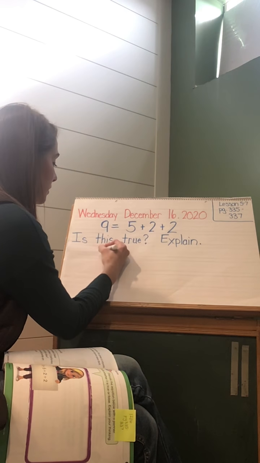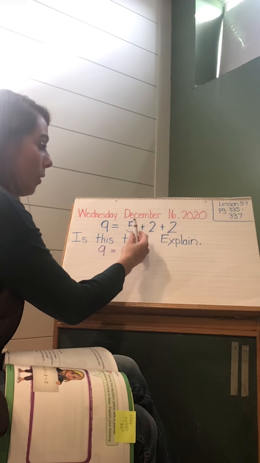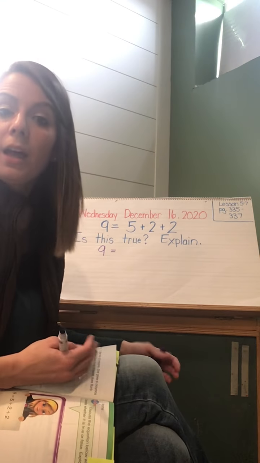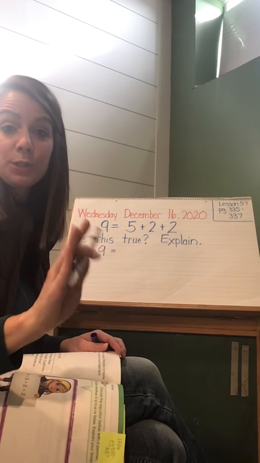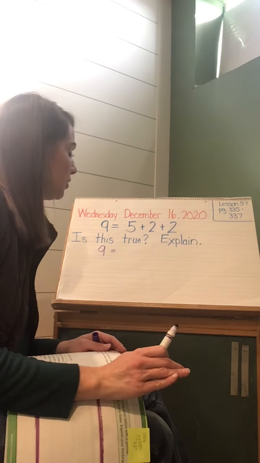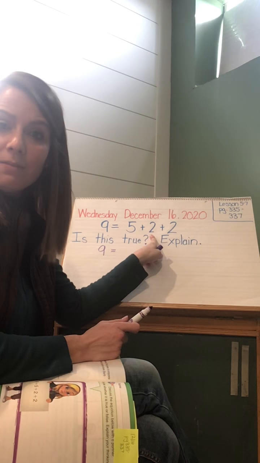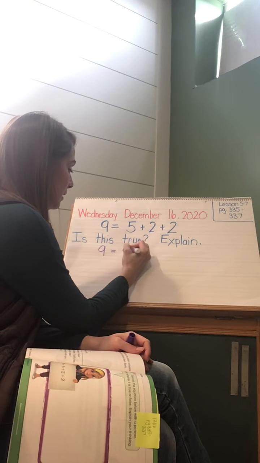So if I brought this 9 down, I brought the equal sign down, and I learned, because we counted, remember we used our fingers, you can use your number line, you can draw a quick picture, whatever works best for your brain, no matter how you do it, just as long as you get the right answer. We figured out 5 plus 2 is 7. Then 2 more would make 9.